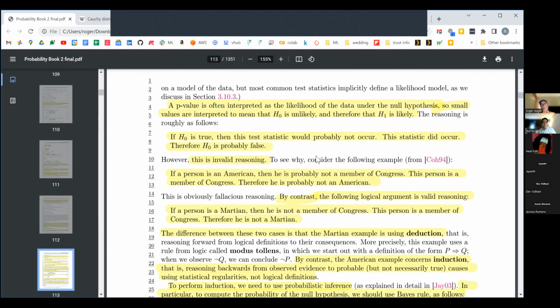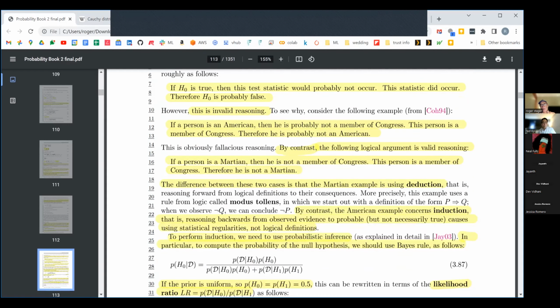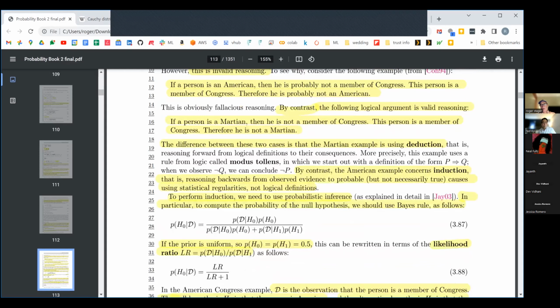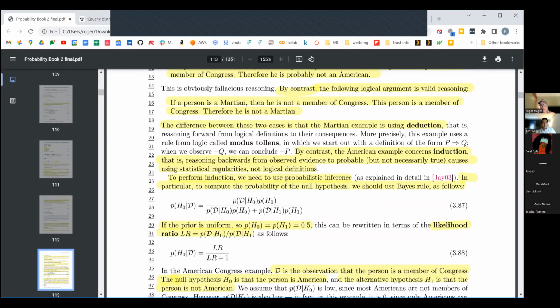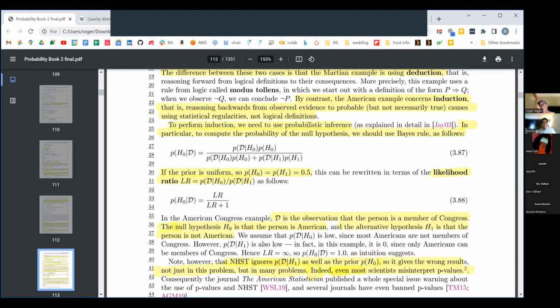This example was helpful for me, walking through this equation down here, where they said that the null hypothesis ignores P of D given H1, the alternate hypothesis, as well as the prior.